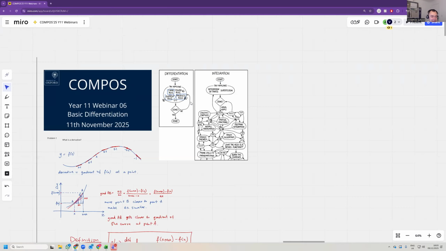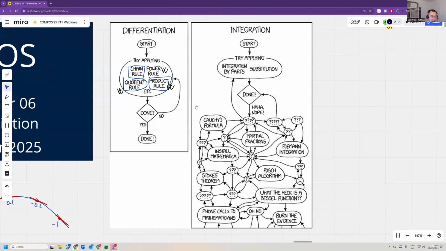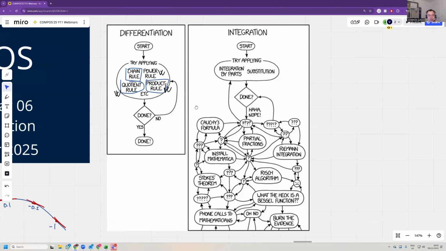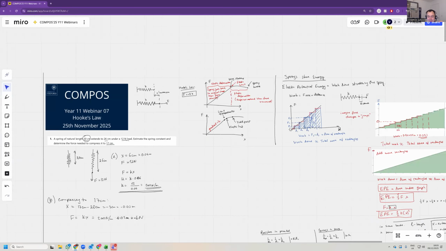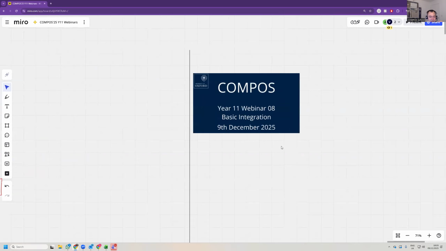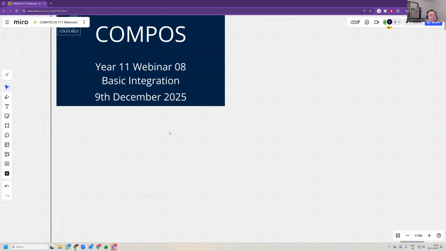So this was the diagram showing the difference between finding the derivatives and integrating, and we are just barely going to touch integration, just the very basics, the tip of the iceberg. But I'm sure most of you will go on to doing some very interesting integration in your life.